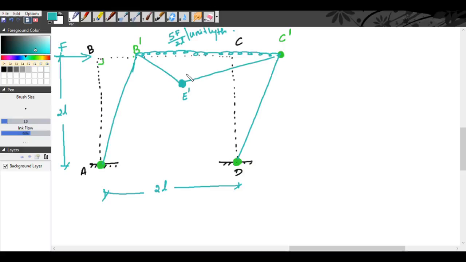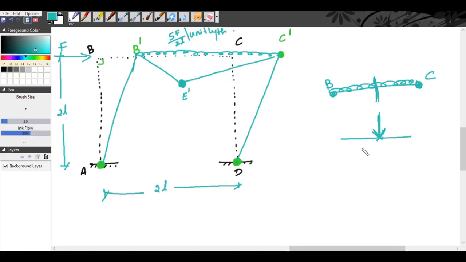We don't know where the maximum bending moment occurs. The reason is when we took the beam mechanism, at B also there was a hinge, at C also there was a hinge. So the maximum bending moment will occur at the mid of the span. But for this case, when there is a concentrated load, even if there is no hinge formation at B for the sway mechanism, the maximum bending moment will occur under the load.